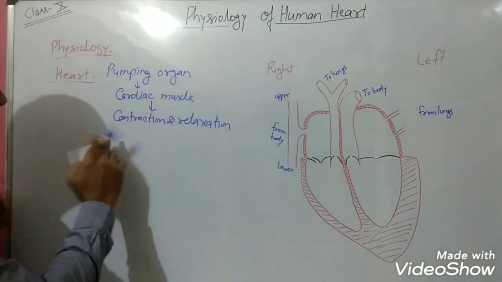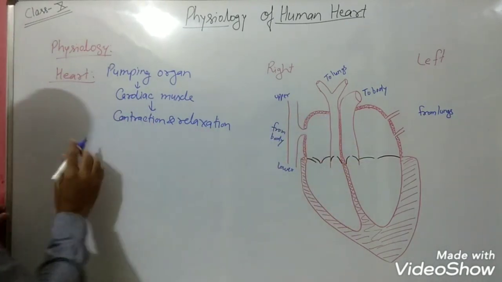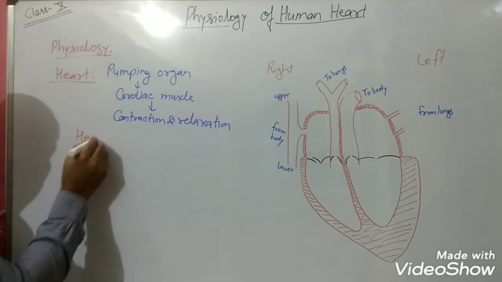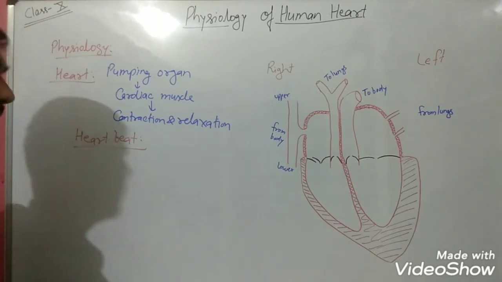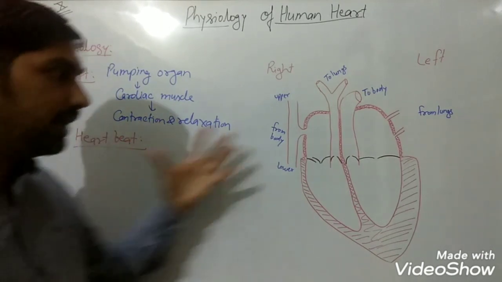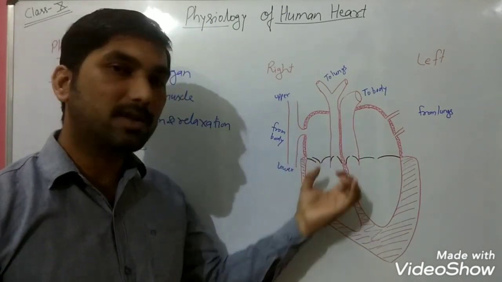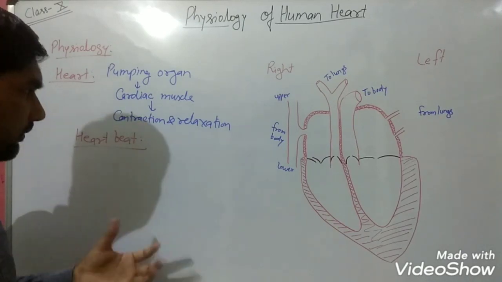The contraction and relaxation of all the four chambers of our heart is known as heartbeat. So what is heartbeat? The rhythmic contraction and relaxation of all the four chambers of heart is known as heartbeat.